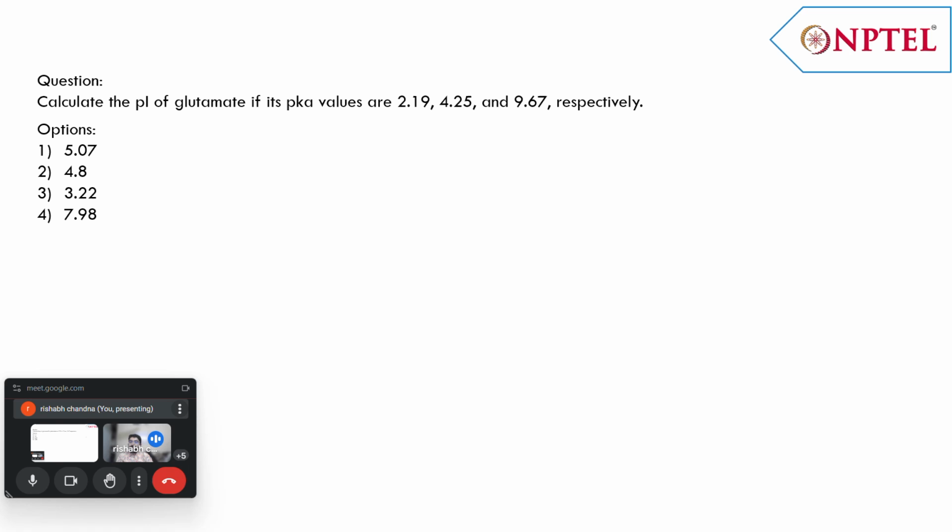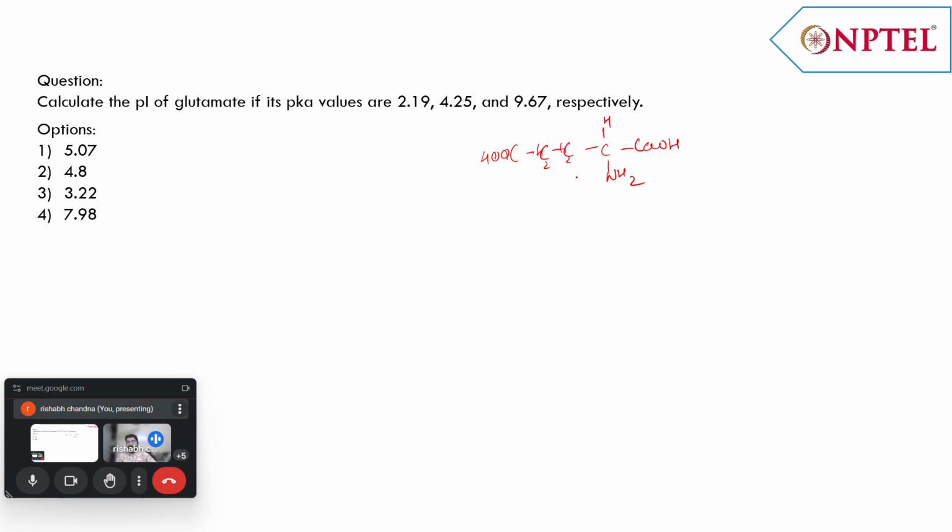So here we have glutamate. Now in case of glutamate, we have three charged groups. Then we have COOH. So this is glutamate basically.